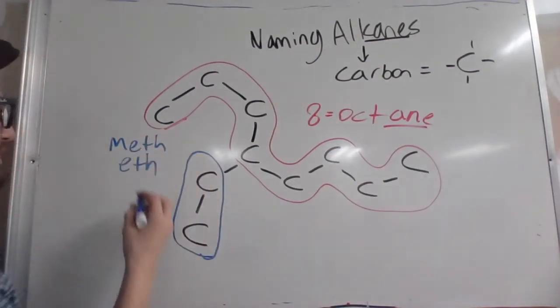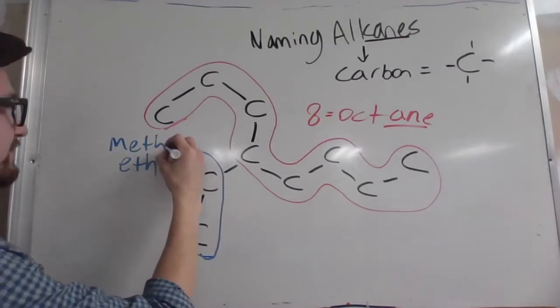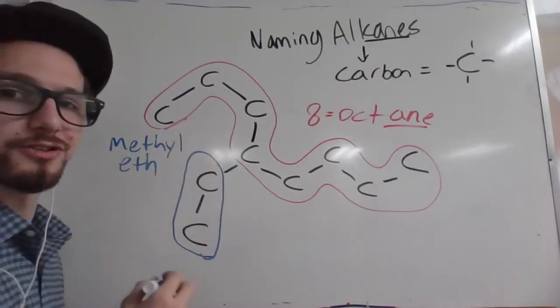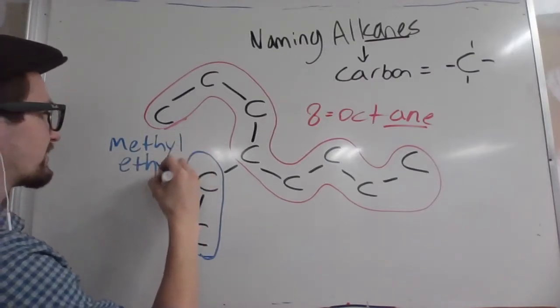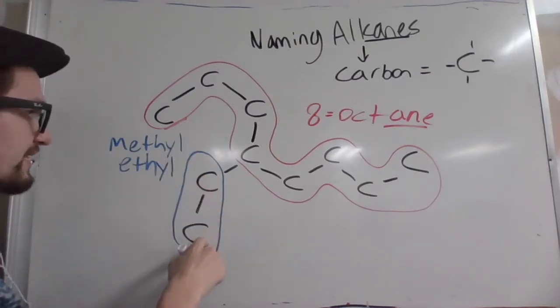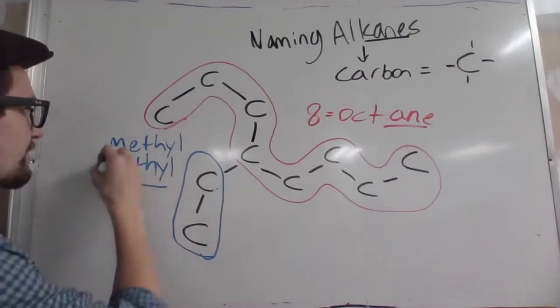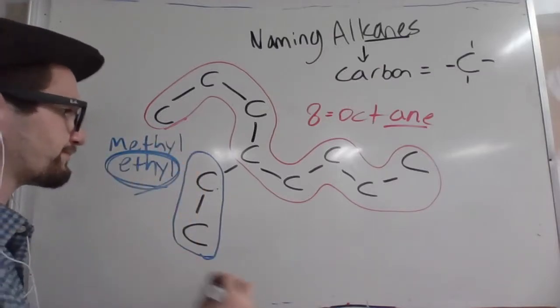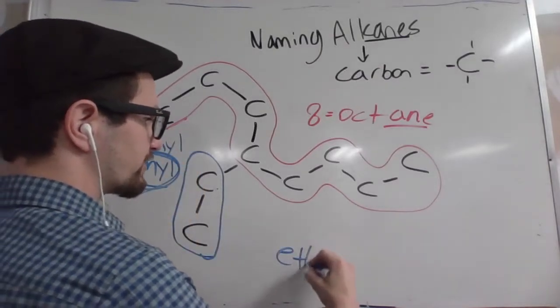Okay? So if we have a single little carbon sticking off, that's called methyl. It's a methyl group. And if we have 2 little carbons, we're going to call it an ethyl group. In this case, we have 2 carbons left that are sticking off connected to each other. This is called an ethyl group.